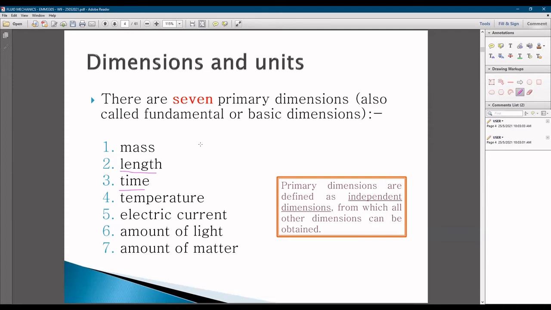For the speed, we have meter per second. So it is our m and it is our s, right? So there are two dimensions involved here, from the primary dimensions.